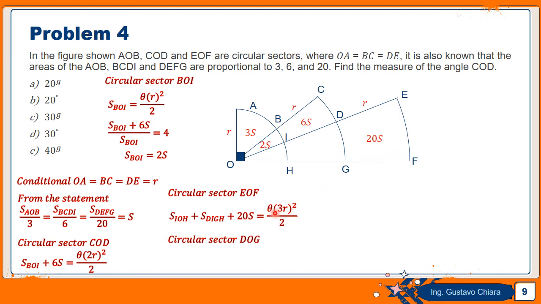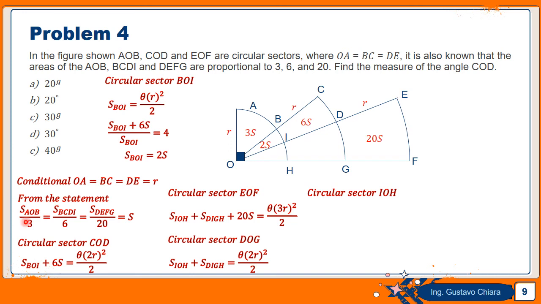In the same way, in this circular sector DOG, we get this expression, that the sum of these areas, this and this, is equal to the same angle multiplied by (2R) squared divided by 2.